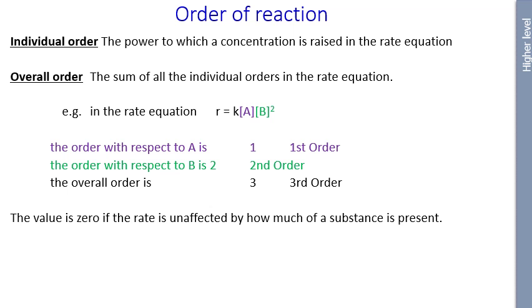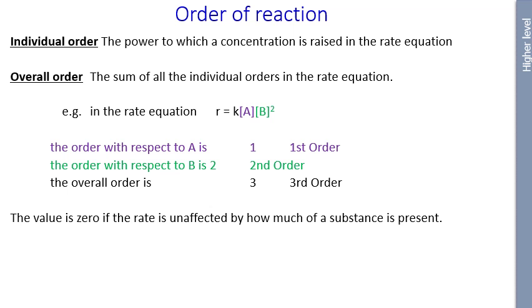So the example provided here, we have a rate equation, r equals k, concentration of A, multiplied by the concentration of B squared. So the order with respect to A is 1. As I said, A to the power of 1 is for all intents and purposes just the concentration of A, and means it's first order in A, and the order with respect to B is 2.